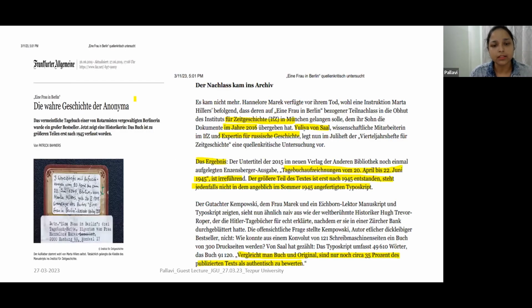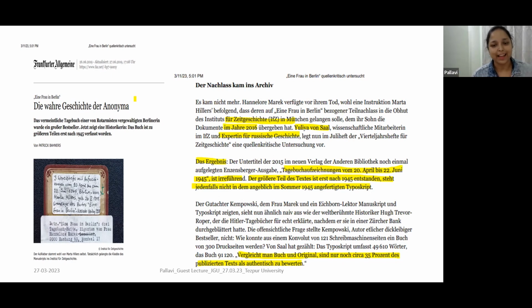Then another article comes in 2019, again questioning the authenticity of the diary. The main manuscript of the diary was given to the Institut für Zeitgeschichte in 2016, and afterwards people researched whether this diary is an authentic piece or not.